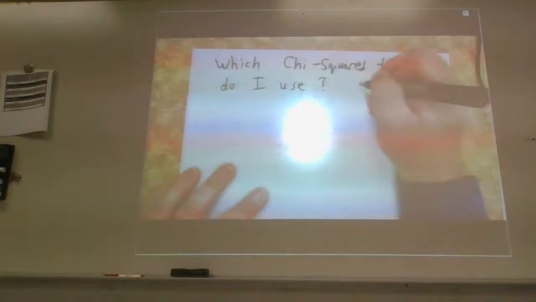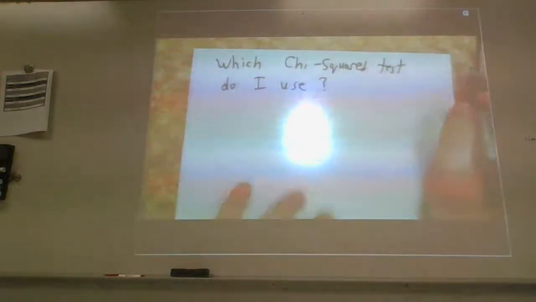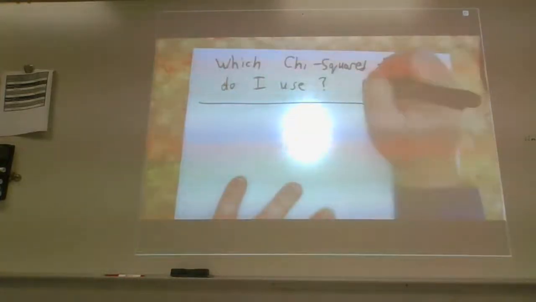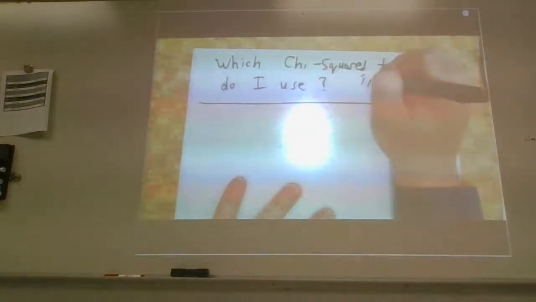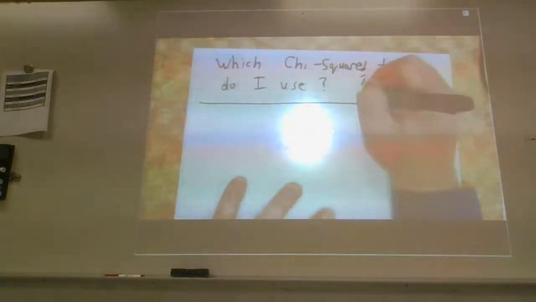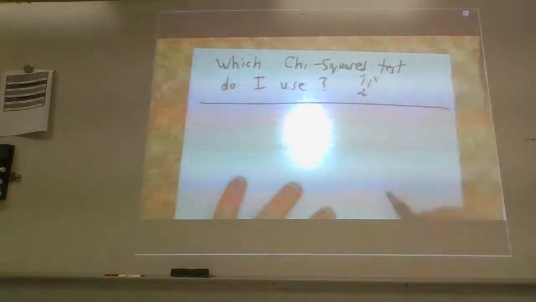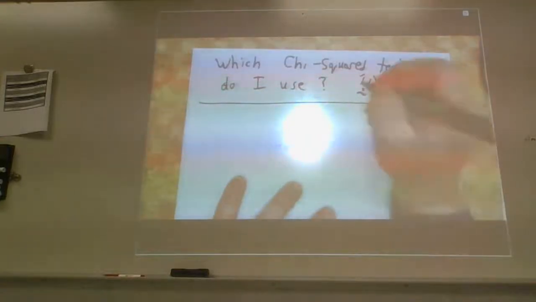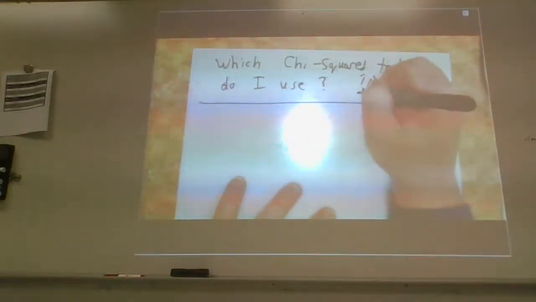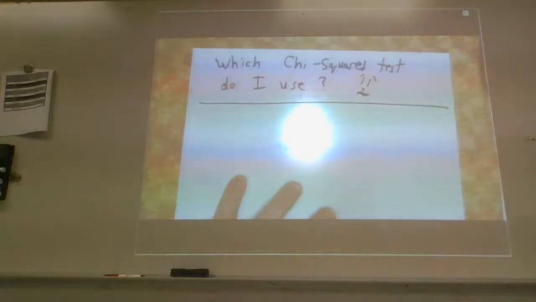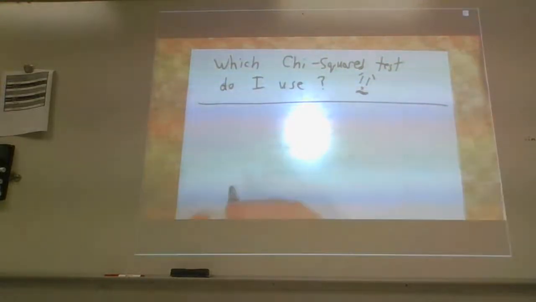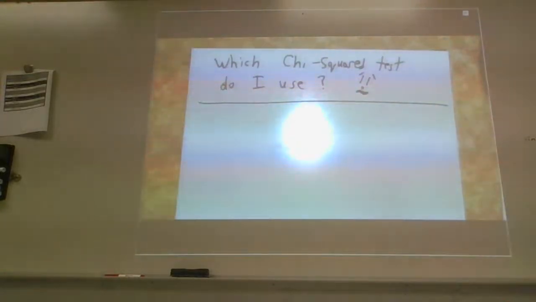I don't know how to draw a guy shrugging. If I did, that would be amazing. Kind of like a smarmy, it's got to curve a little bit more. I assume he'd be shrugging. But the question is, which chi-squared test do I use?